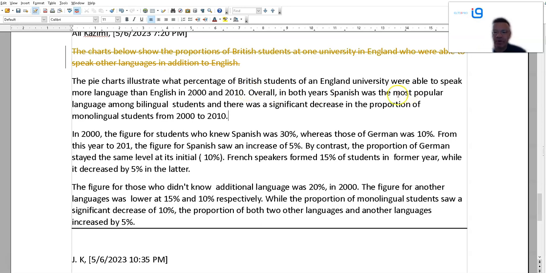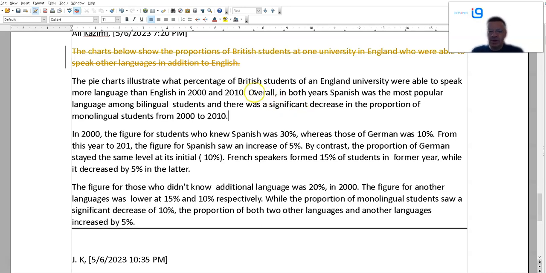So we've got, okay, Spanish was the biggest and a significant decrease. You mean that means there was an increase in language, in student proficiency in languages overall. So you've got this kind of the opposite way around. A decrease, you mean there was an... So instead of there was a decrease in people who could only speak 1, shouldn't you be more likely to say there was an increase in people who could speak more than 1?